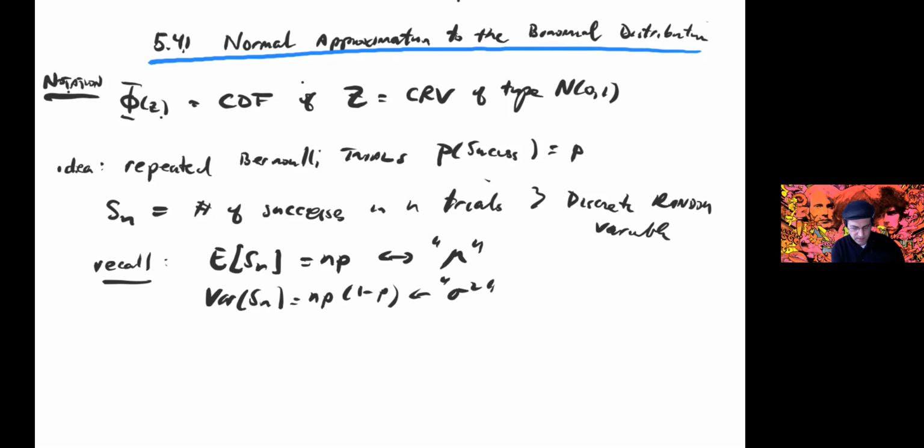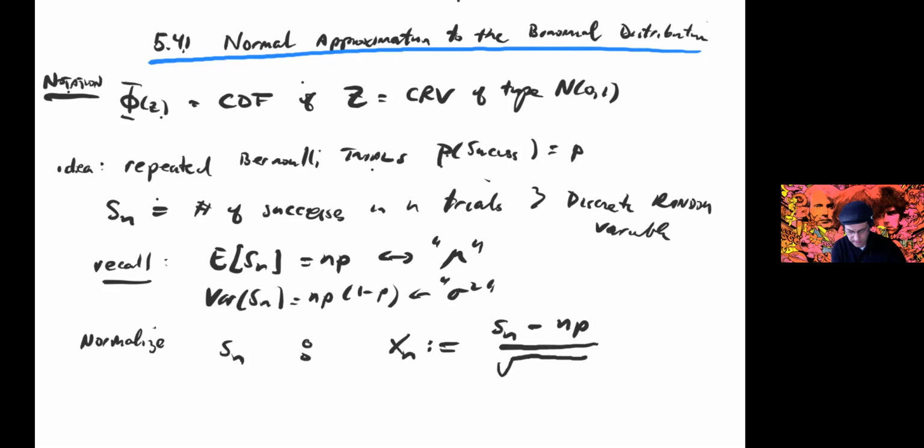Now what I want to do is normalize S sub n. That is, I want to consider the random variable X sub n given by taking S sub n, subtracting its expected value, which is n times p, and dividing by its standard deviation, which is the square root of np times 1 minus p.